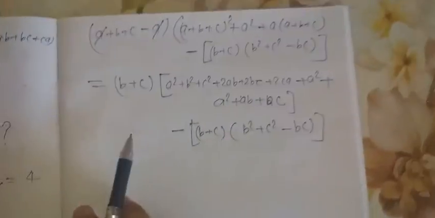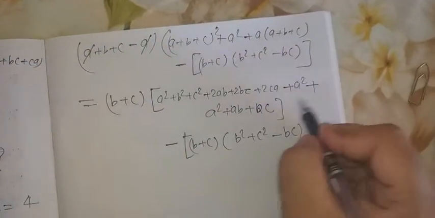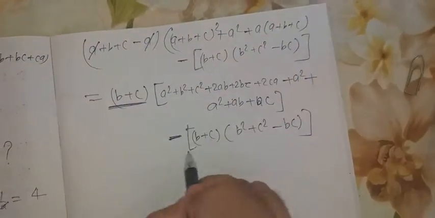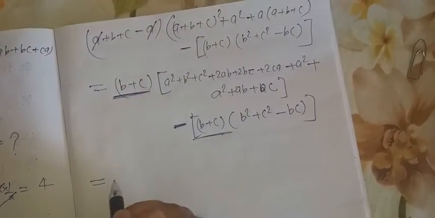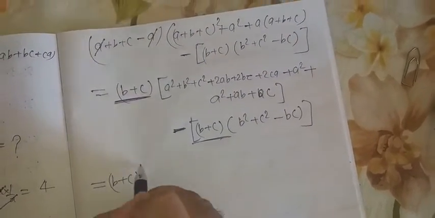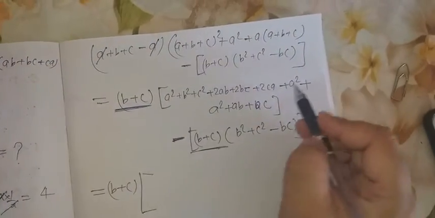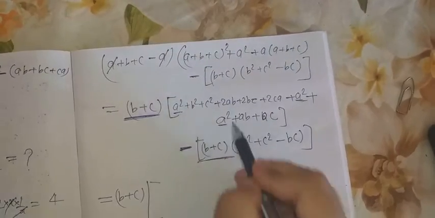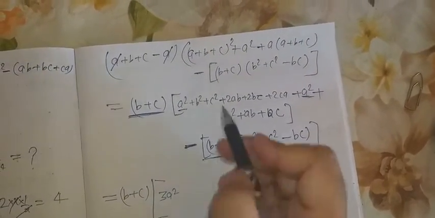Now you can see that in these two terms, b plus c and b plus c are common. Just take b plus c common. The whole term becomes a square, a square, a square, how many? 3a square.